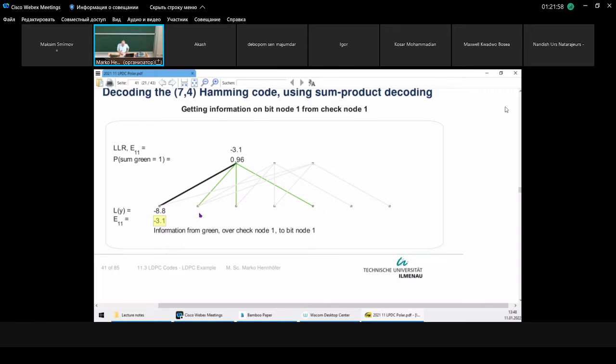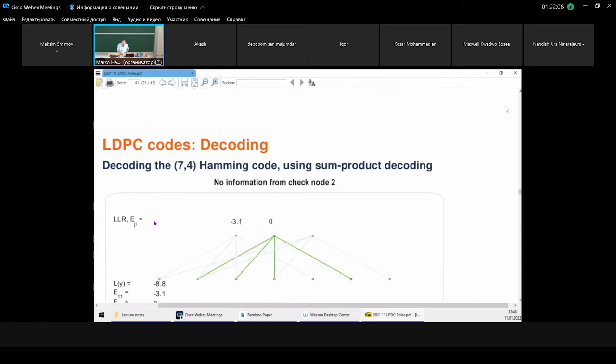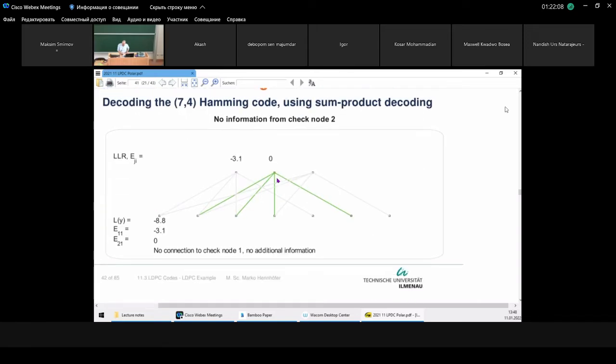Now it's straightforward to continue. Next, I will ask, what can I conclude from check node 2 on bit node 1? We see check node 2 has no connection to bit node 1, so there's nothing I can gain on information using check node 2 because it's not connected. So here I get no information from check node 2.